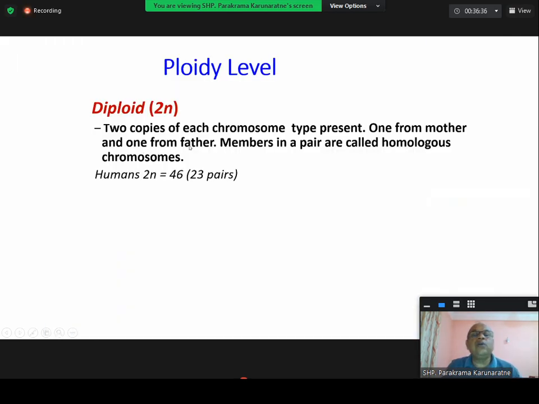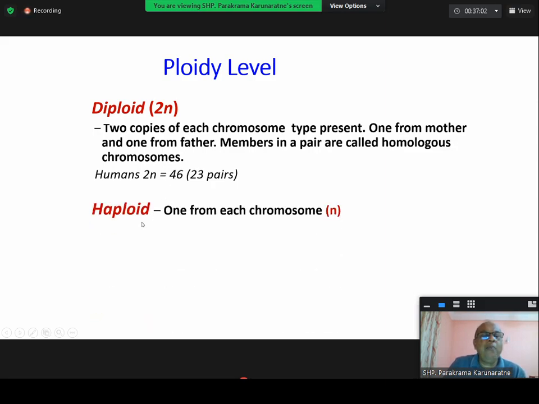Two copies of each chromosome type are present, one copy from the mother and the other from the father. So humans have 23 homologous pairs, altogether 46. We call it simply 2N. 2N is diploid. Diploid means two members from each type.